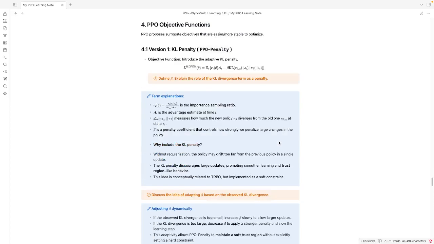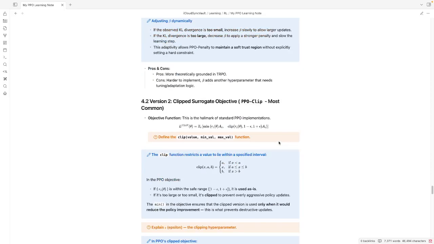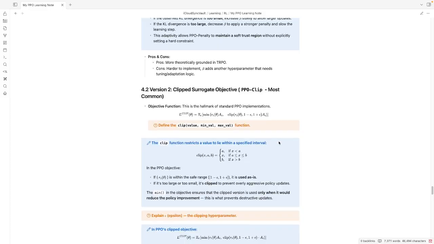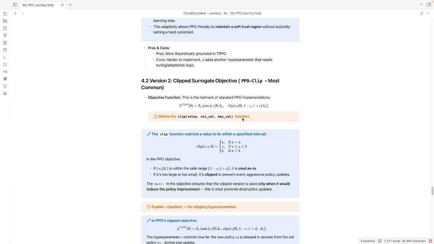But another version is called clip. What it does is it says the ratio of the reward should be within the clip range, meaning that it will be constrained.